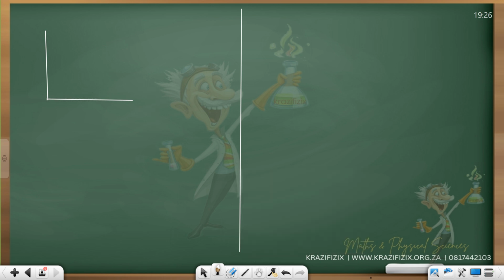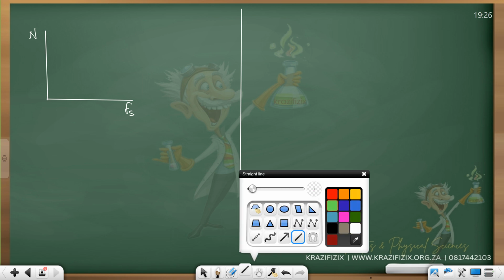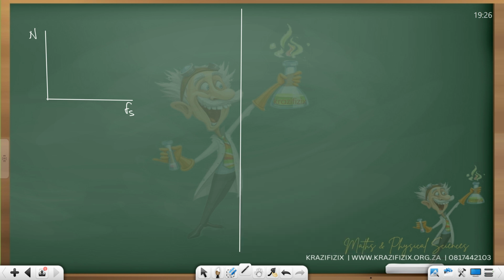So we have a graph. We can have a graph of static friction and normal force. Because they are directly proportional, we are going to have a graph like that. Wait, I think I'm putting this wrongly.